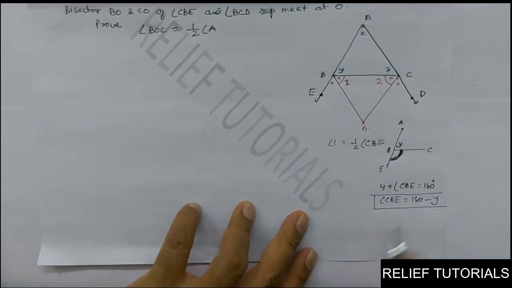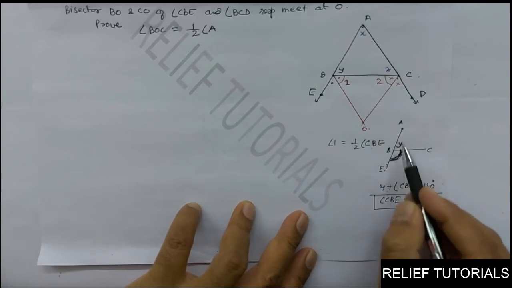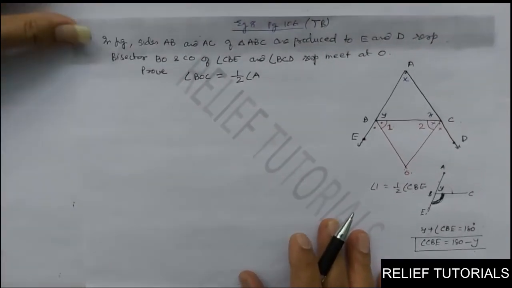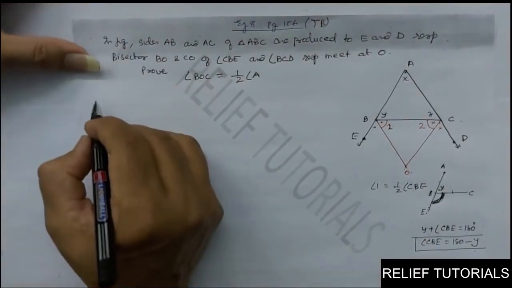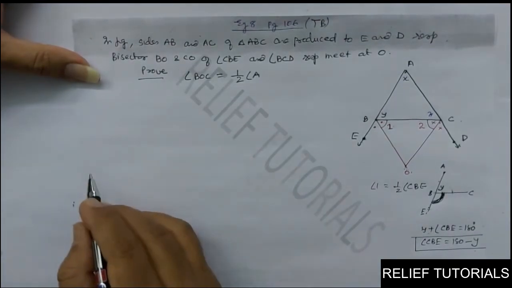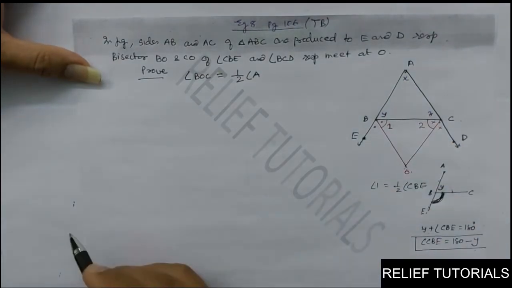It is quite clear. You want CBE, so from total 180 you have to subtract this Y. Clear? See now, we'll proceed. Everything is given here. To prove, we have to prove this BOC is equal to half of angle A.